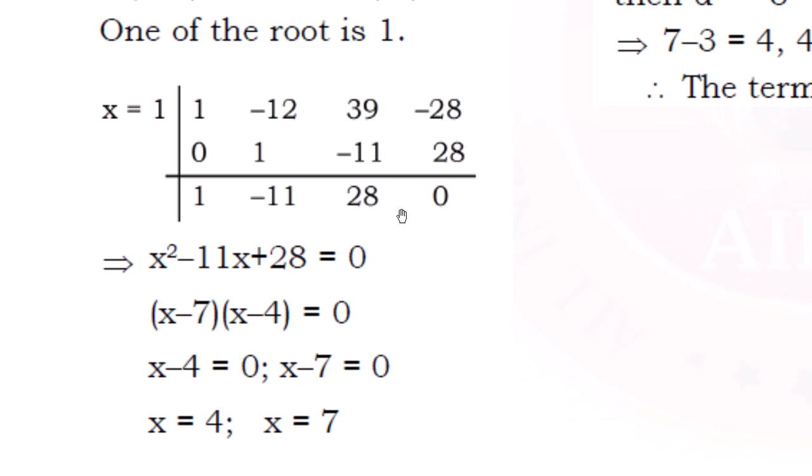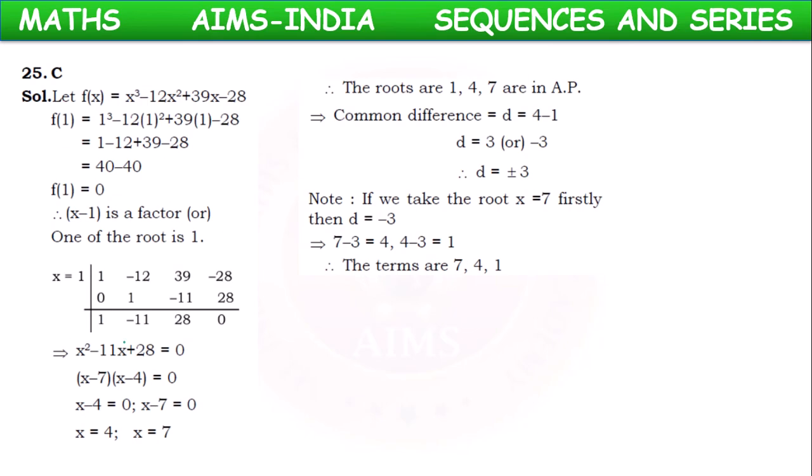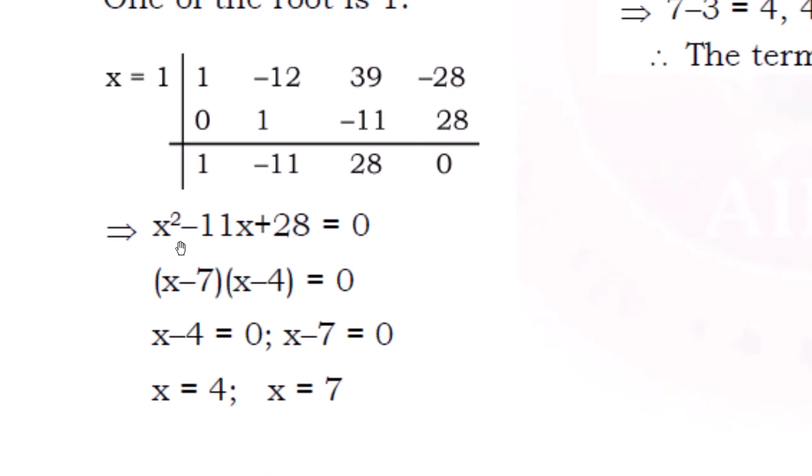With the coefficients in the quotient, we can frame the equation. So 1x square minus 11x plus 28 equals 0. And this one again can be split. This expression again can be split into two factors.